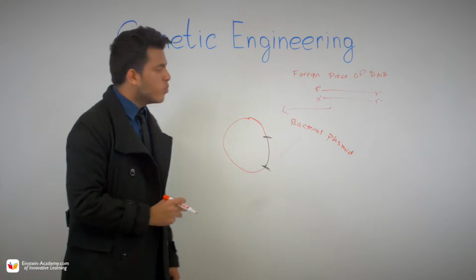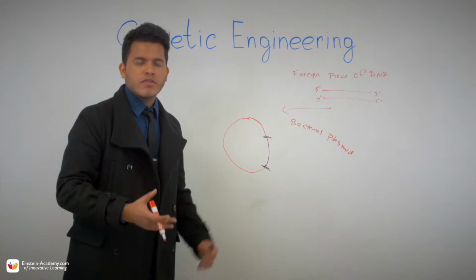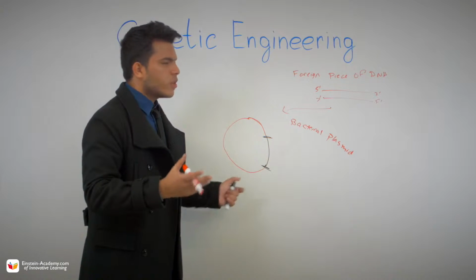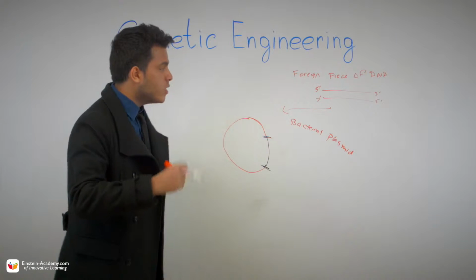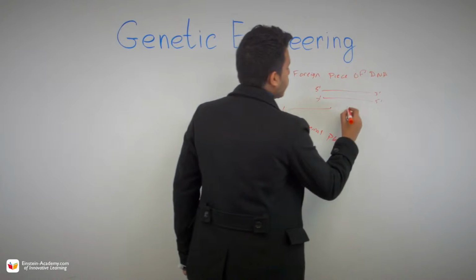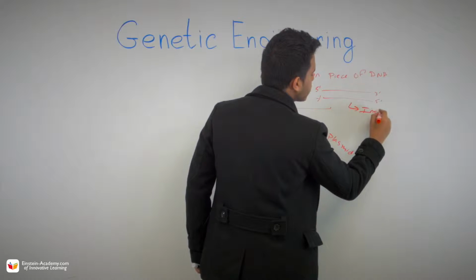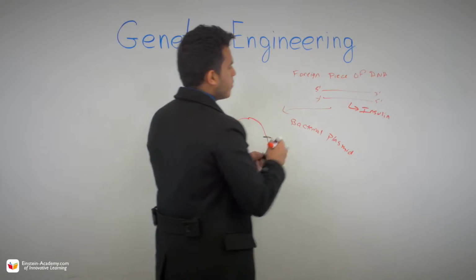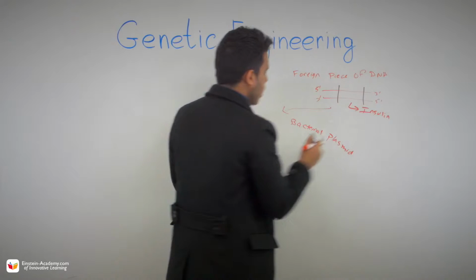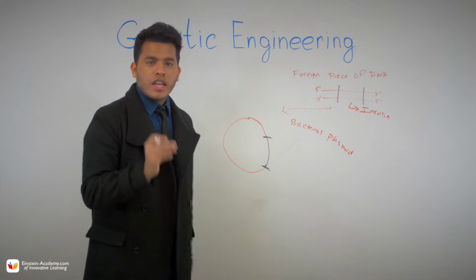This is really cool. Let's use insulin because it's always used, and it's a good example because we see a real, rather straightforward application. Let's say this section of the human DNA codes for the human gene insulin.